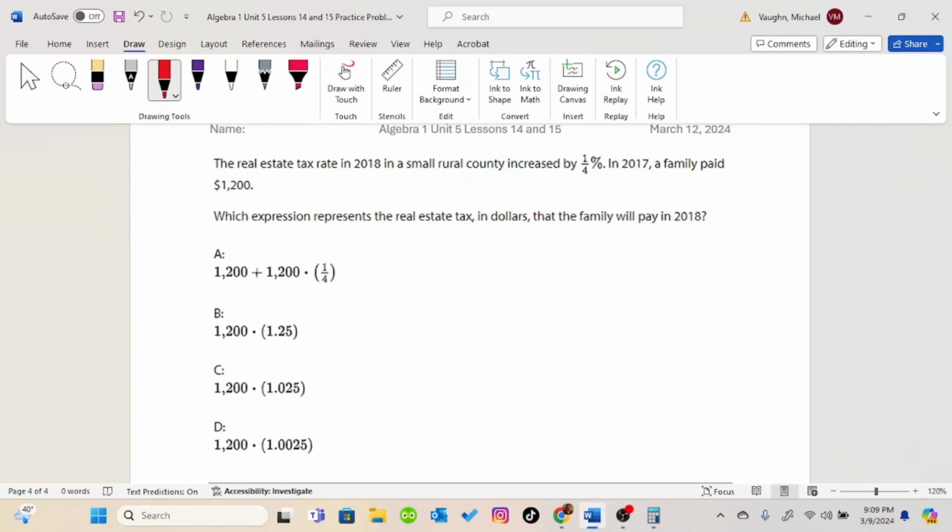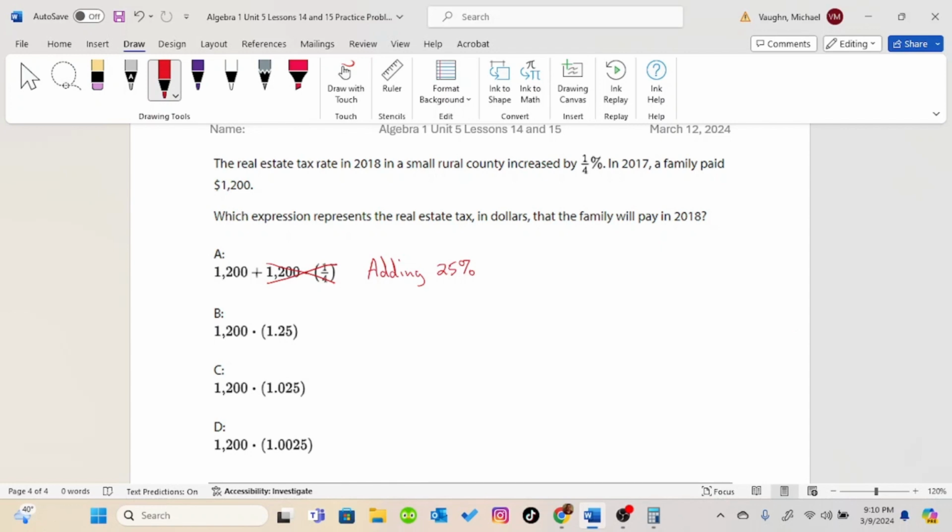So choice A says we are multiplying 1,200 by 1/4 and then adding it to the 1,200. So this one is wrong. This represents adding 25%. So this part's wrong.